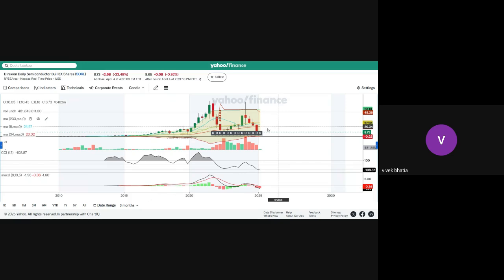You had your super trend way back in 2022 or 2023, turning bearish, and then the super trend was turning flat, and it has now curved down. I would not like to buy this SOXL, at least not till I see a clean reversal.